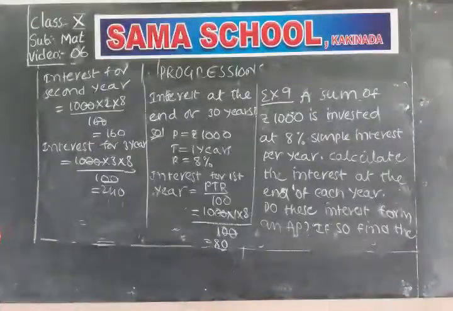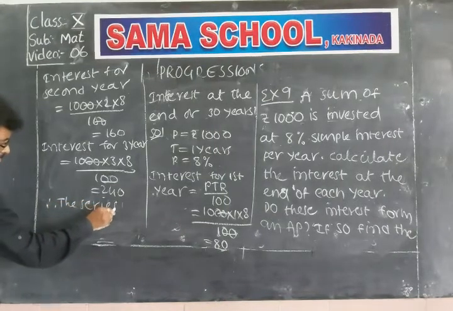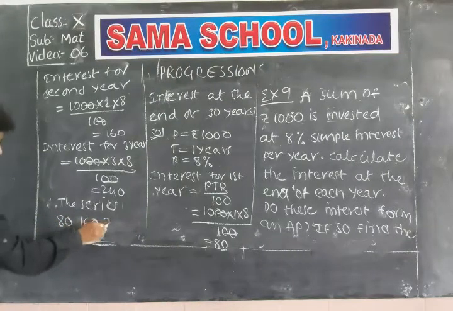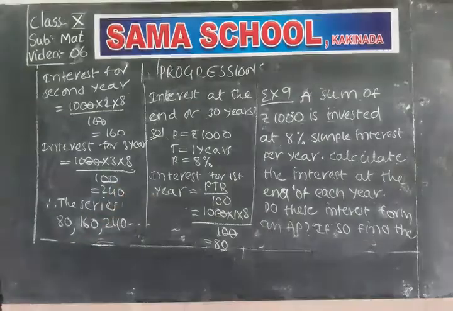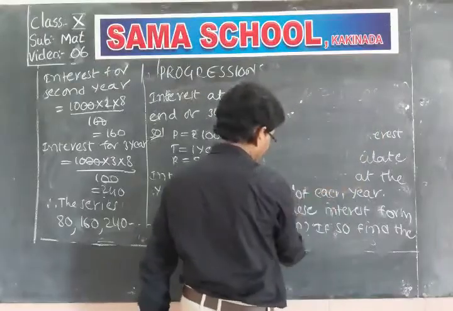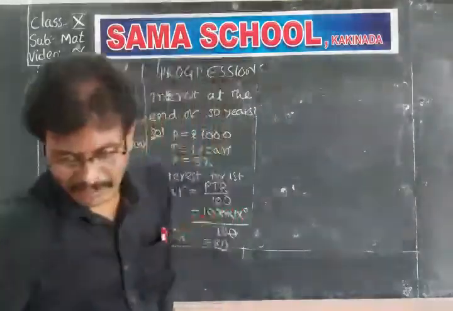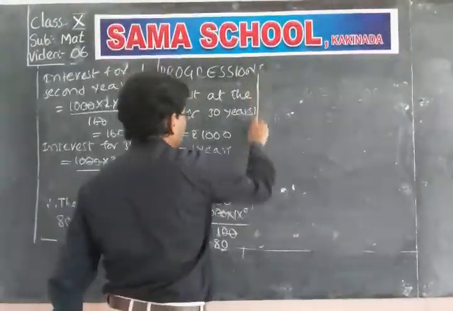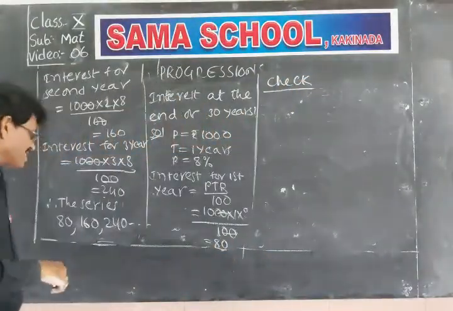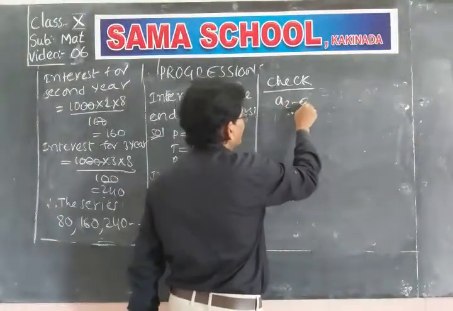So the interest will be in that series. Let us write it in the form of a series. Therefore, the series is first one 80, second one 160, third one 240, and so on. Now let us verify whether those are in arithmetic progression or not. How can we check? a2 minus a1 in the first case.